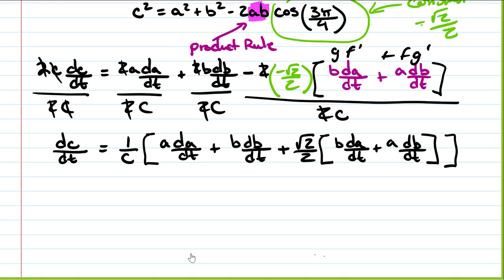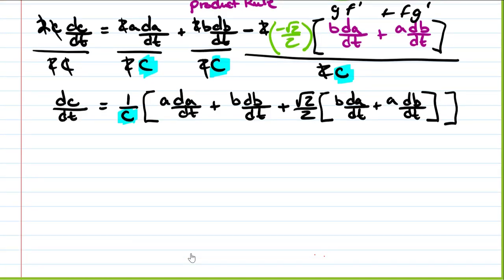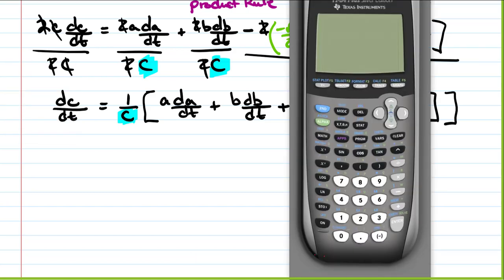So basically, since every term had a c in it, I just factored it out in front, so I'll only have to type it once when I put all of this into my calculator. All right, so now it's calculator time.